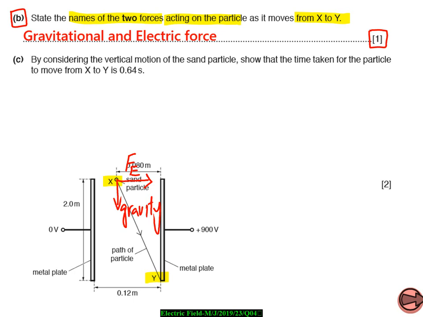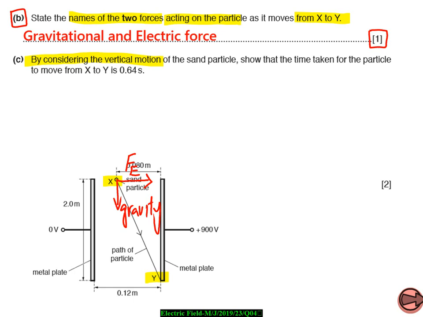The next part is part C. The question is telling us to only consider the vertical motion of the sand particle, and we need to show that the time taken for the particle to move from point X to Y is equal to 0.64.